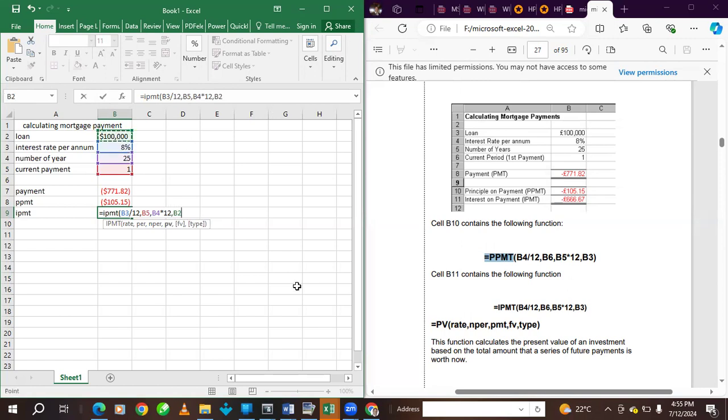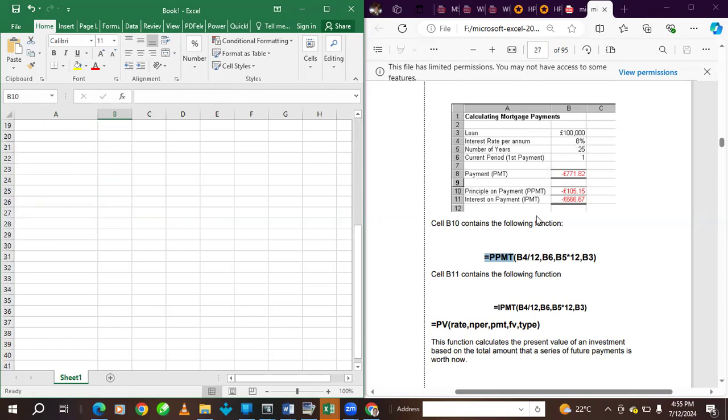In that particular case, when you use IPMT, it will return the interest for every payment, but if you use PMT, it is the principal on payment. So when you press enter, you'll see it will put 666.6767. So that's how you should be able to understand the financial functions here.